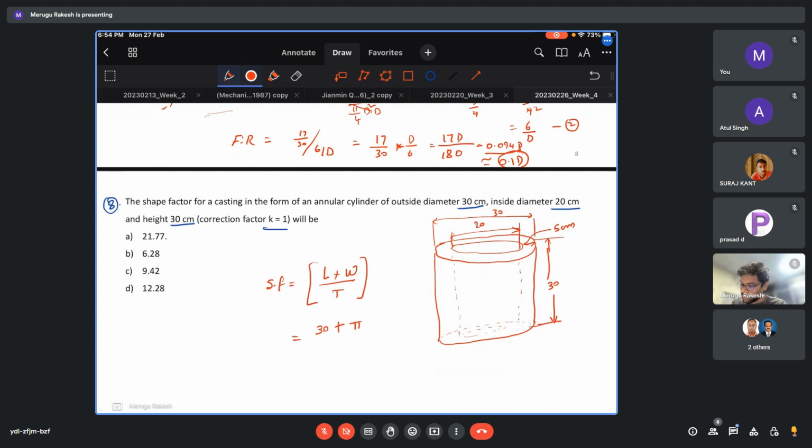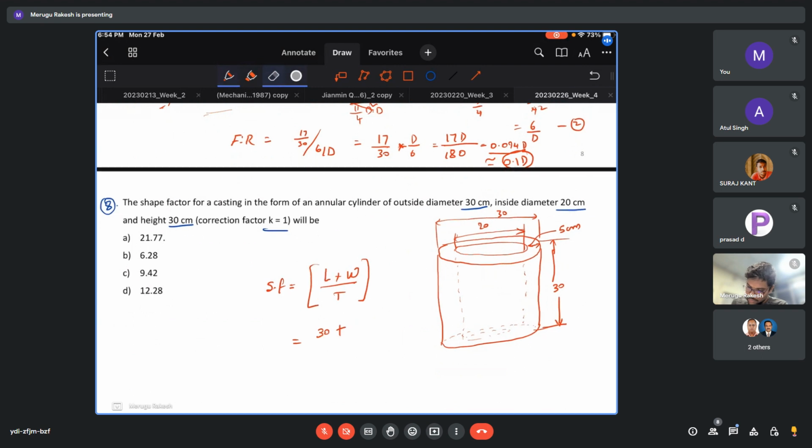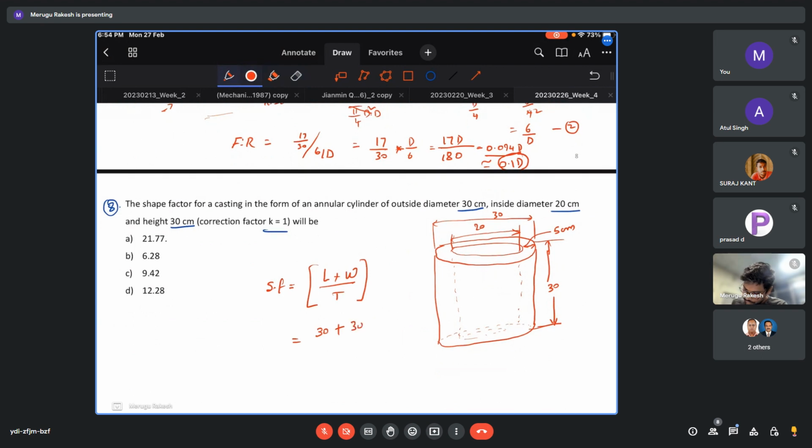So it is nothing but 2 pi r, you can say pi d, pi times 30, 30 pi. So that is nothing but the circumference of that outer part divided by thickness, that is 5.